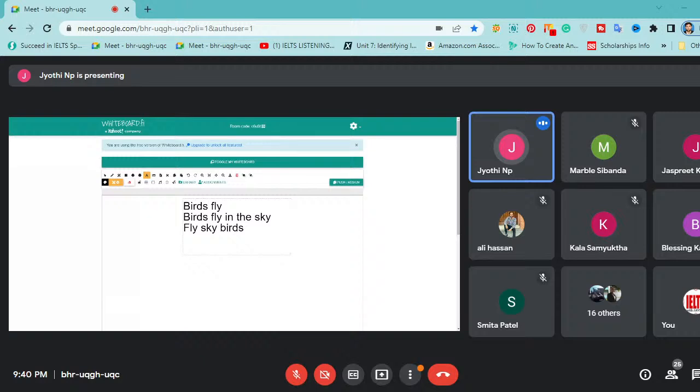Ma'am, in the first sentence, the subject comes first and then the verb, and in the second sentence, subject, then verb, and lastly the object. And in the last one, first the verb comes and then the object, and in the last the subject is here. There is a difference between all these three sentences, which I observe, ma'am.